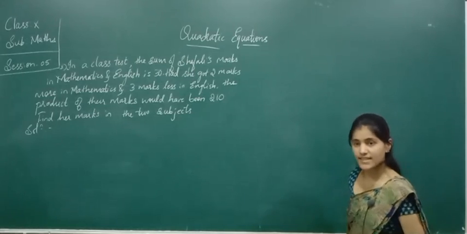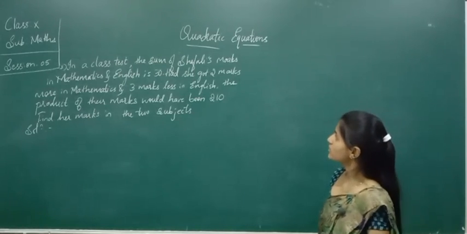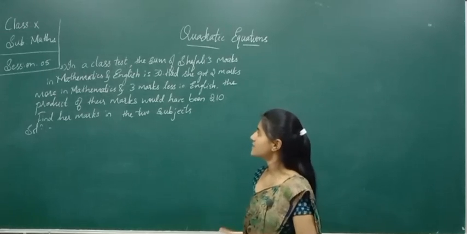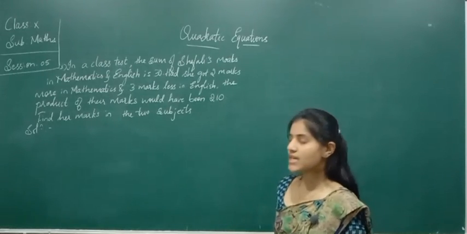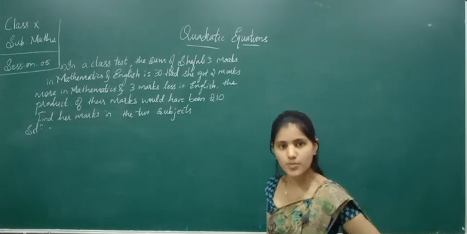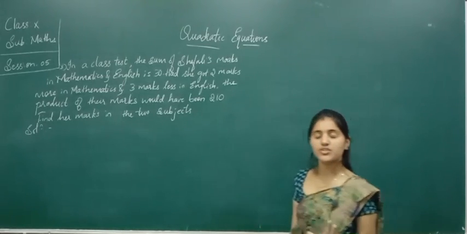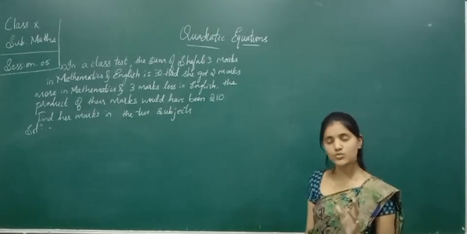They are telling that if she had scored 2 marks more in maths and 3 marks less in English, then the product of her marks would be 210. We should find her marks in 2 subjects.